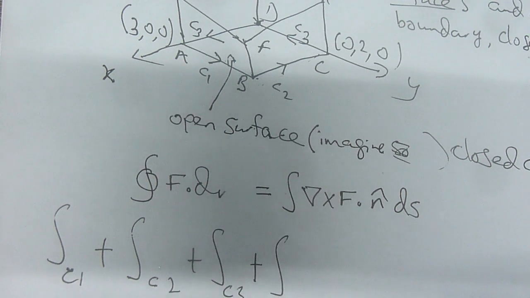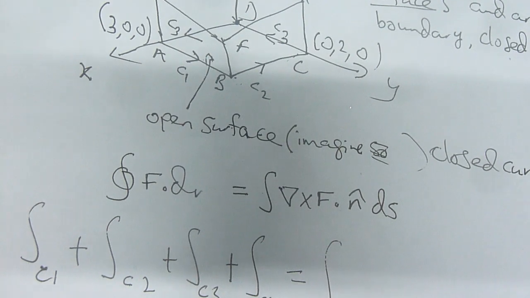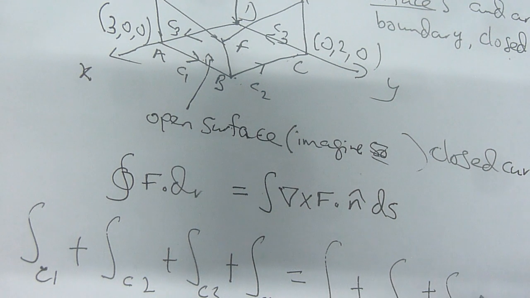The path integral for C1, C2, C3, C4 is equivalent to the surface integral. How many surfaces are we having here? 5 only. We integrate with S2, S3.